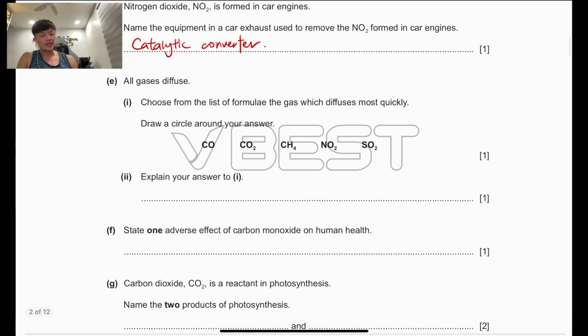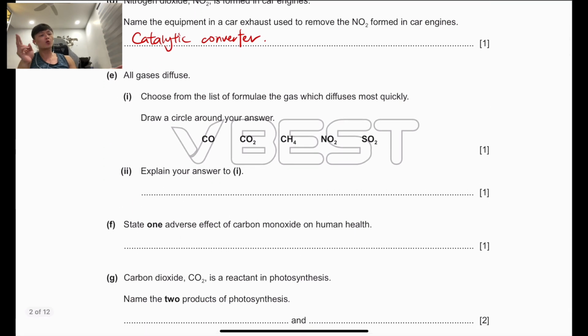Next one is diffusion. Remember, there are two factors that would affect the rate of diffusion: temperature and molecular mass, like how heavy the molecules are. So in this case, it didn't mention temperature. So from here we know that it would be the molecular mass. Remember, the lighter the molecule, the faster the movement.